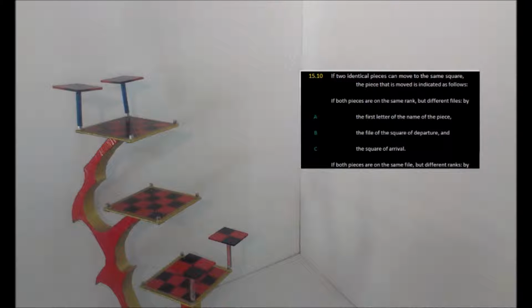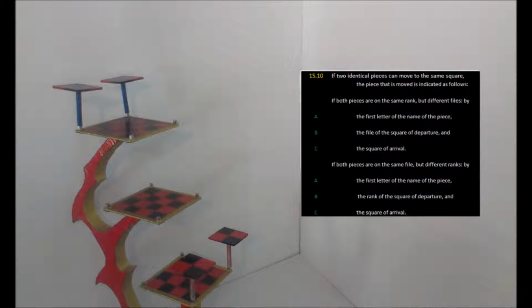If both pieces are on the same file, but different ranks, by A, the first letter of the name of the piece, B, the rank of the square of departure, and C, the square of arrival.